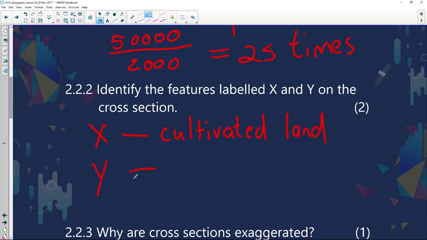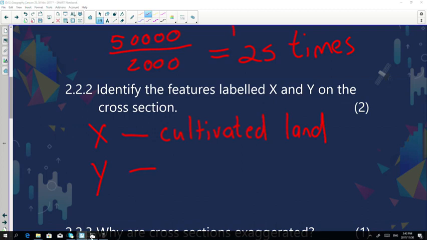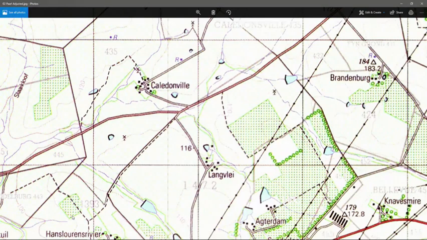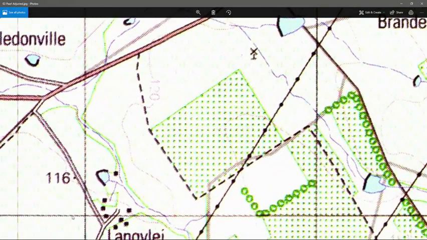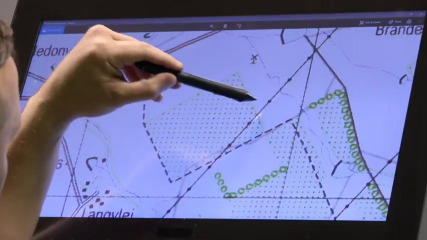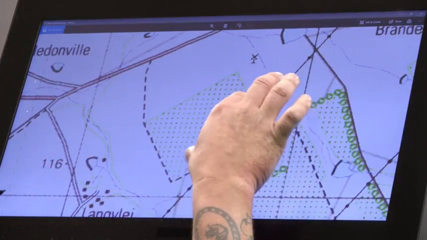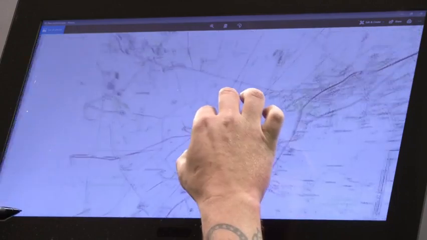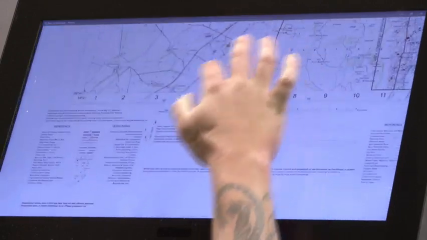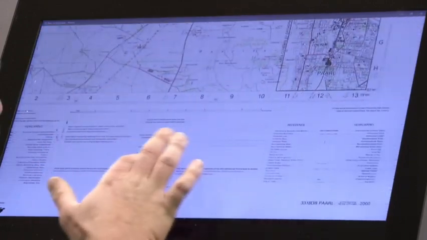Now, how do I know it's a power line? I just want to go back and quickly explain that to you. There's the power line. As you can see, it's a solid black line with little circles in it. Once again, please, all the information that you need is on your map.